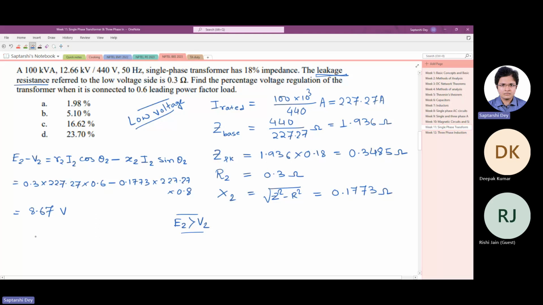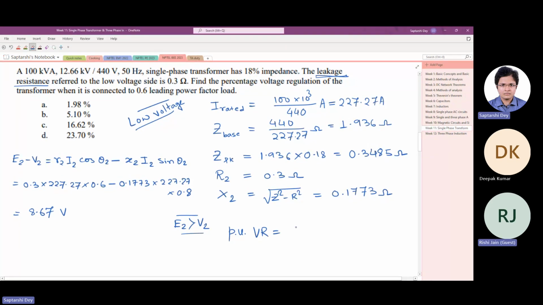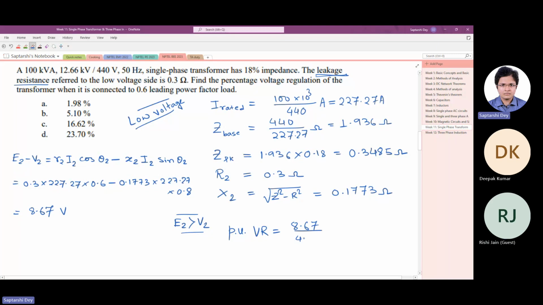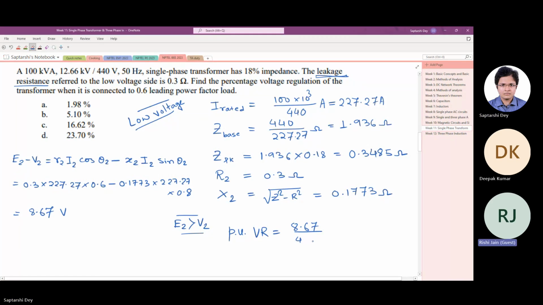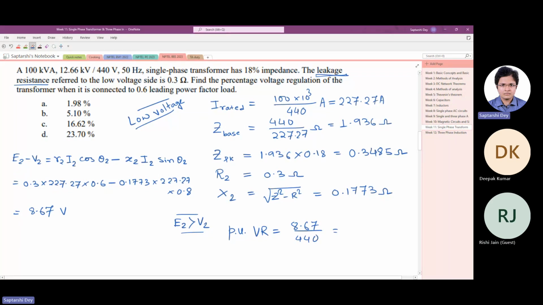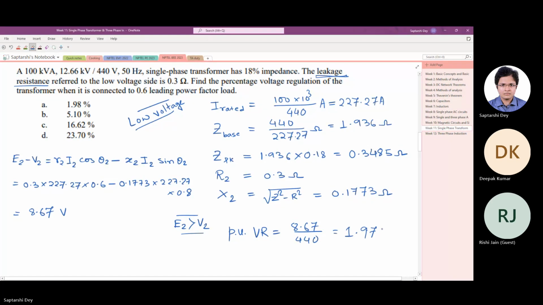Now, if it is 8.67 volts, since we calculated from the low voltage end, we can find out per unit voltage regulation from the low voltage end only. 8.67 by 440 will give 1.97% voltage regulation for this one.